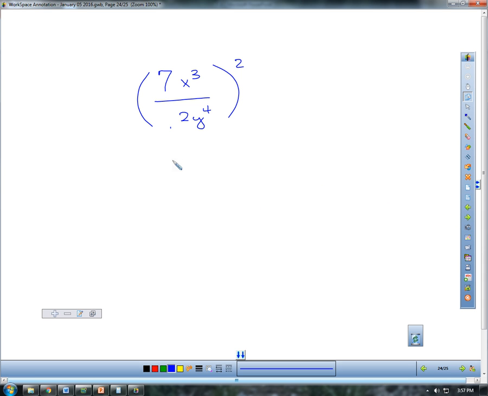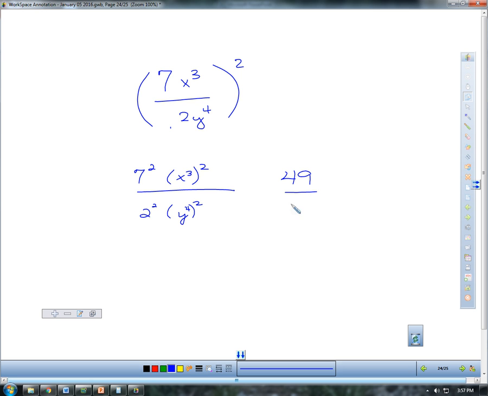A lot going on in this problem, but remember, I can separate everything out, so I'm going to do 7 squared times x to the 3rd squared over 2 squared times y to the 4th squared. Alright, 2 and 7 do not have a common base, so we can go ahead and work them out.